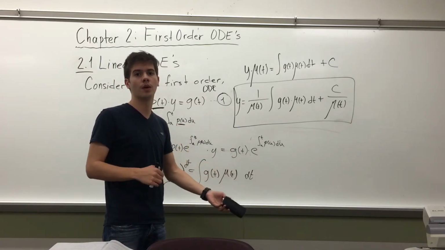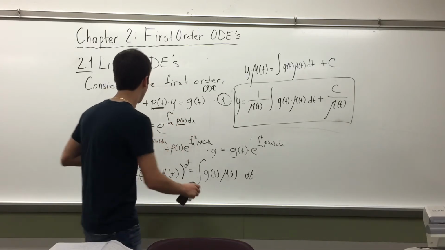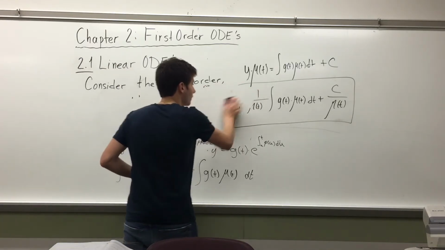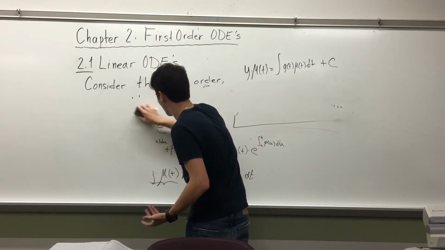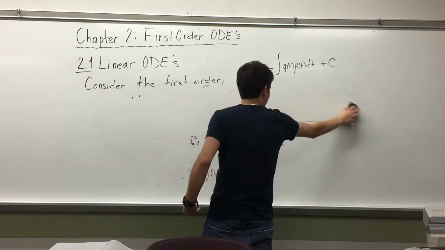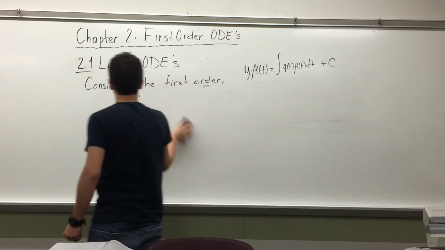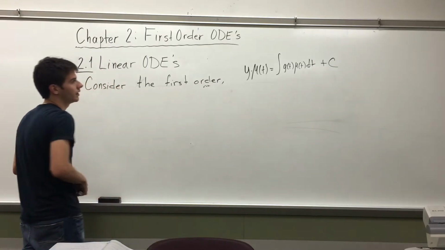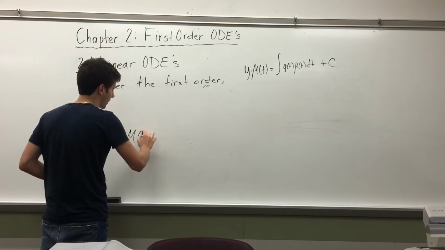Just watch my next video, where we're going to solve many examples. But the most important thing I want you to learn from today about first order linear ODEs is the integrating factor.